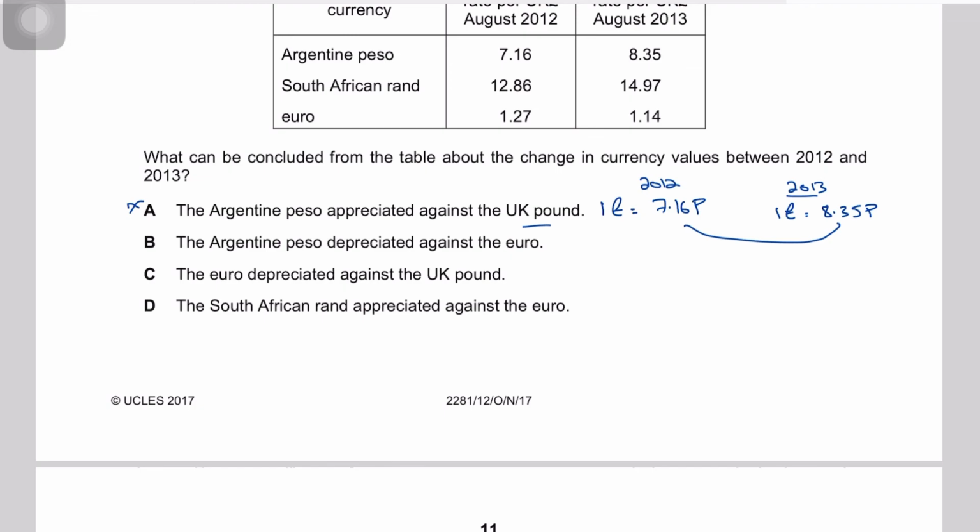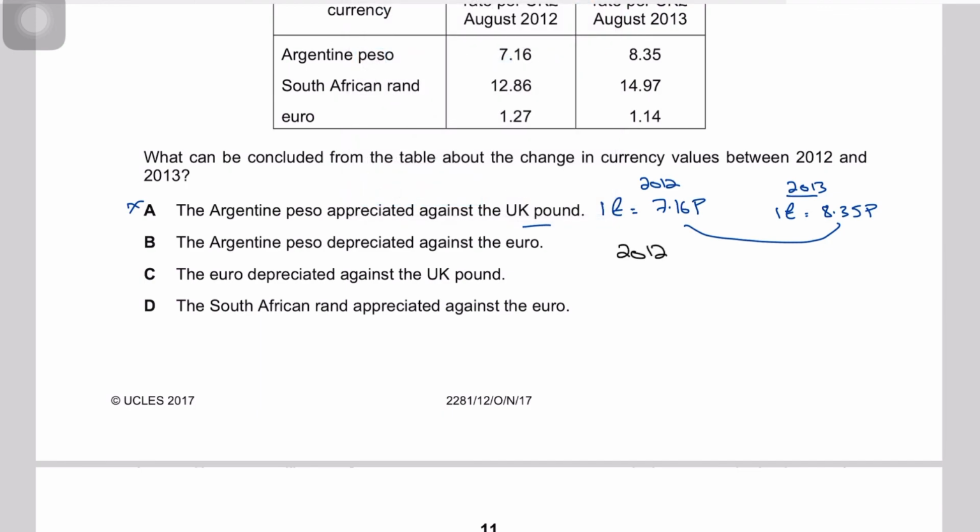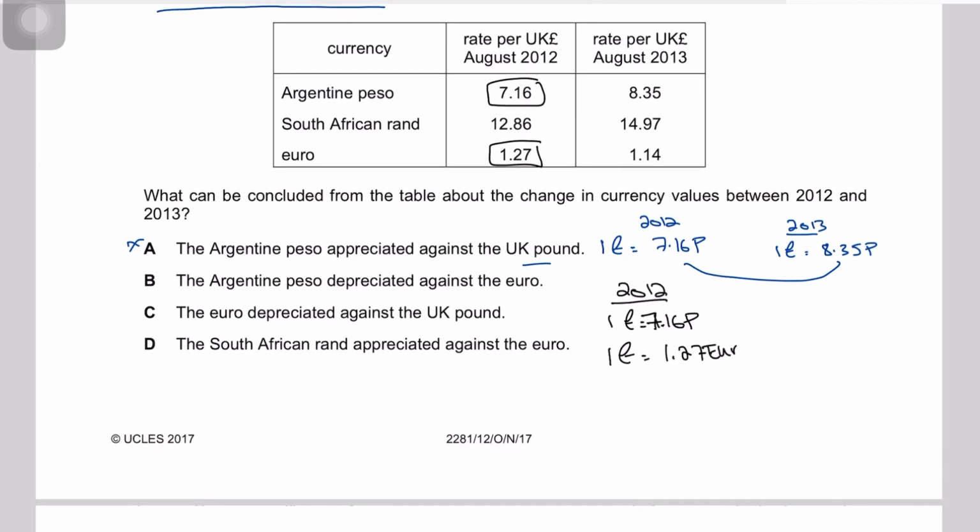So first of all, you need to understand that in 2012, if 1 pound is equal to 7.16 pesos, and 1 pound is also equal to 1.27 euros as well, because it's written rate per pound, right?